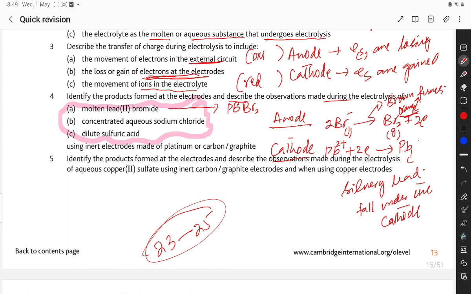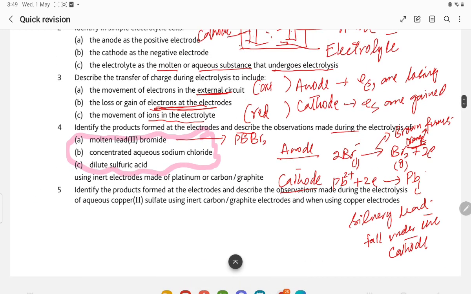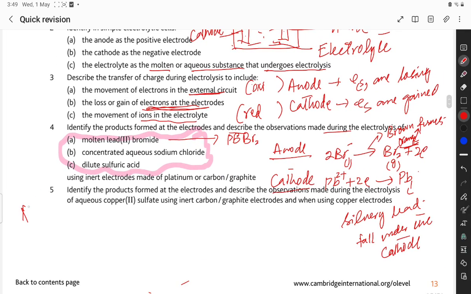Now concentrated aqueous sodium chloride, you know that this is the concentrated sodium chloride, word concentrated. Anode reaction is 2Cl negative to form Cl2 plus 2 electron.